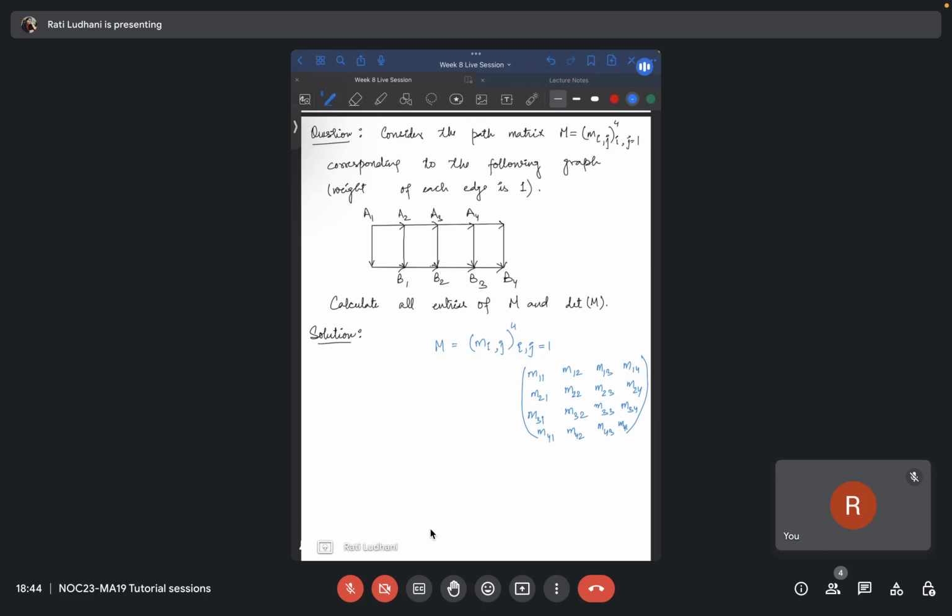You don't need to find all the entries of M. If you check both properties, that there is no cycle, and that there is always a crossing whenever i is less than j and i' is less than j', then there should be a crossing between a_i to b_j' and a_j to b_i'.